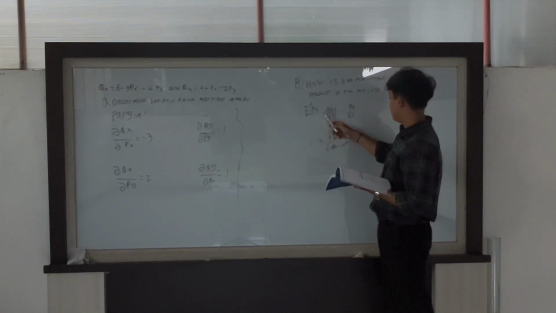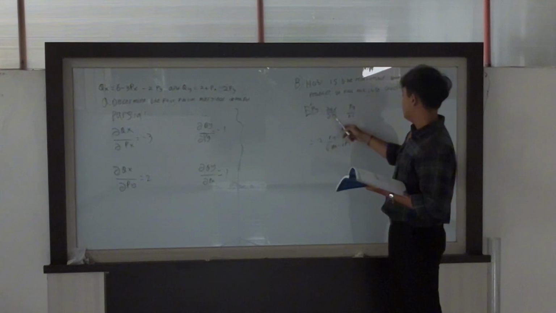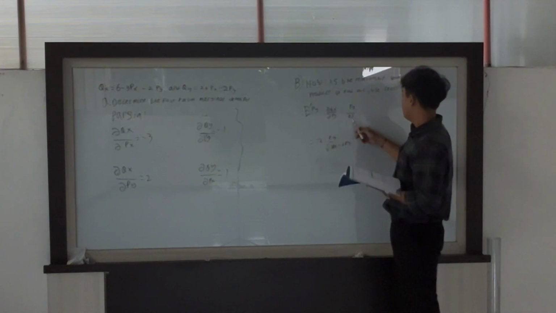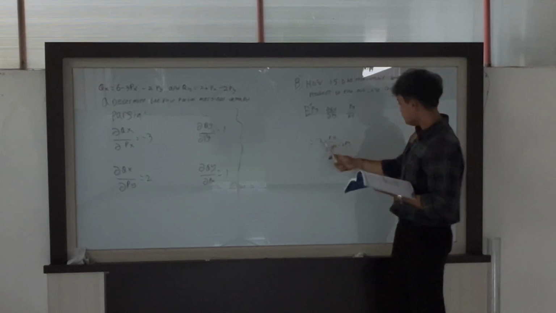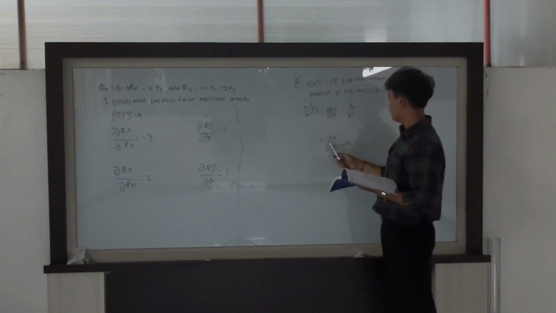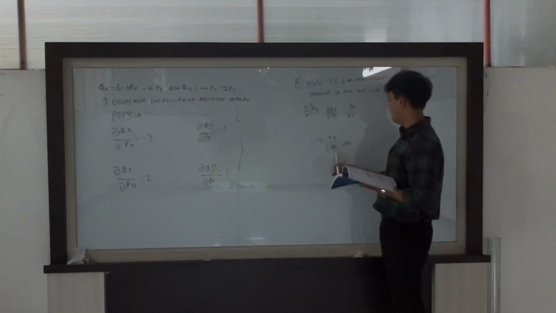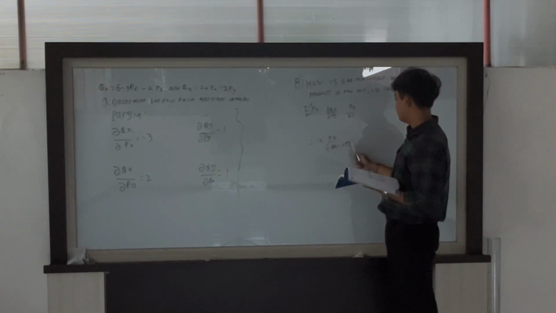The cross elasticity EXPA equals ∂QX over ∂PA times PA over QX equals minus 2 times PA over 6 minus 3PX minus 2PA.